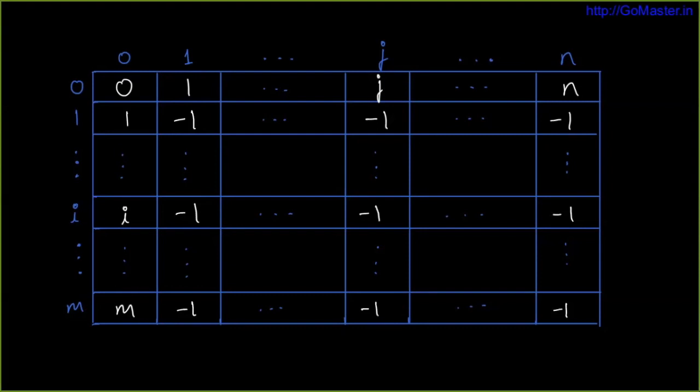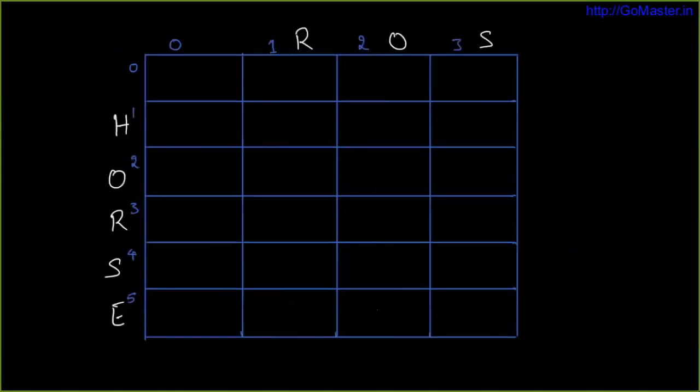We want to compute the cell f of m comma n, but because it is not computed, we recursively call it. And if a cell is already computed, say by some other path, and we access it from a different way, we can just use that value. We don't have to solve it multiple times. All right, so let's use this method and code it accordingly.